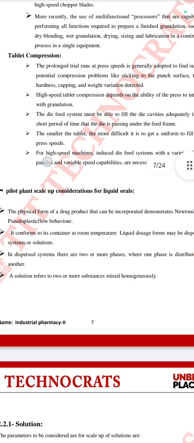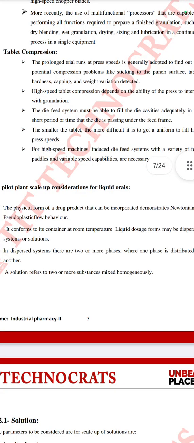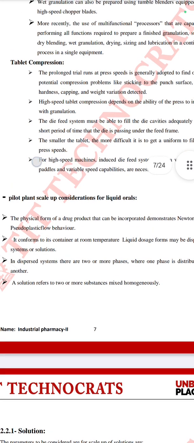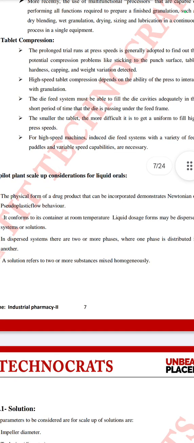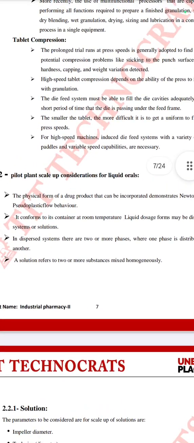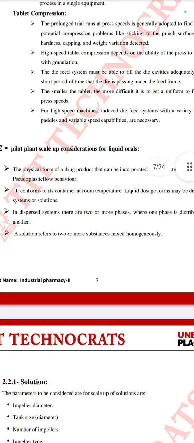In tablet compression, prolonged trial runs at press speed are generally adopted. Generally, as we all know, for tablet compression we are using the tablet punching machine, rotary tablet punching machine, multi-station tablet machine, which can be considered as the pilot plant consideration.